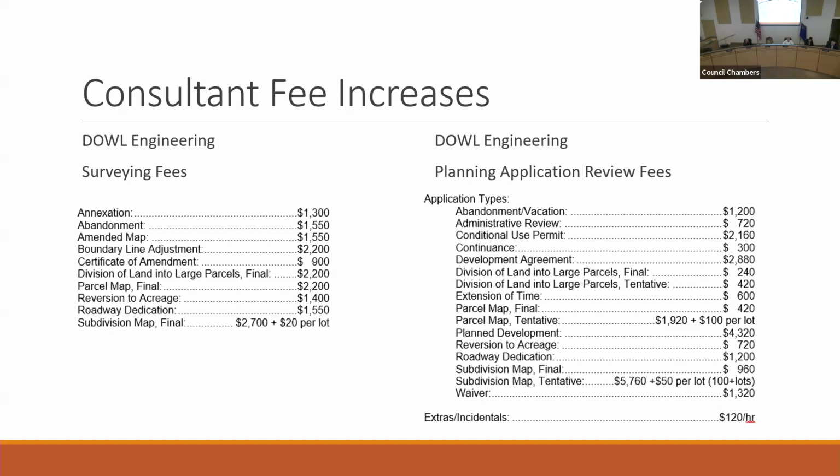Most of them, 11 of the 16, are $1,200 or below. We have 3 that are in the 2,000 range. And the two biggest costs are the planned developments and the tentative subdivision maps, which correlates because those are our 2 most complex applications that we look at.